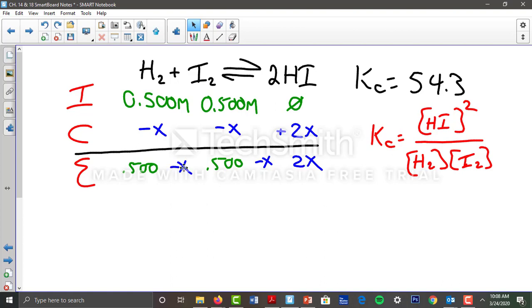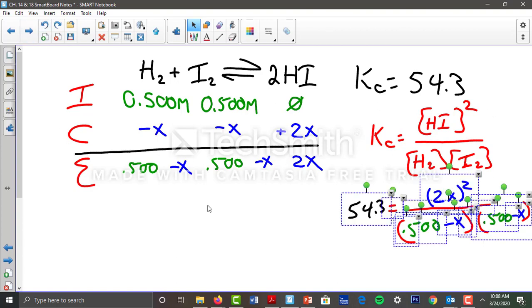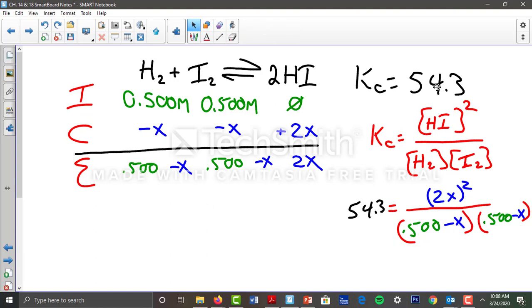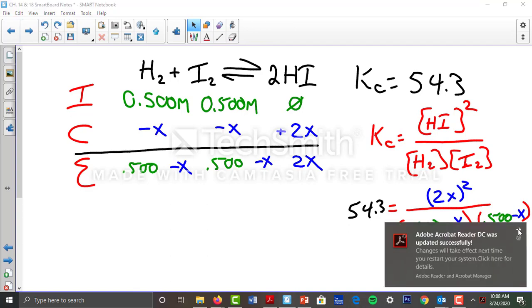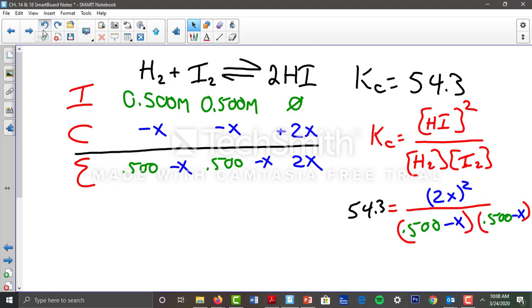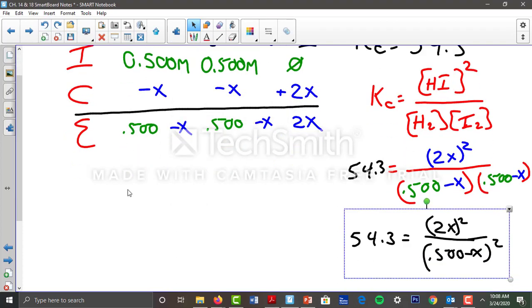If we take these equilibrium lines here, the E in ICE, and we plug them in over here to the equilibrium expression, we get 54.3, what Kc is equal to, equals 2x squared over 0.50 minus x times 0.50 minus x. Now we can simplify that to 2x squared over 0.50 minus x squared.